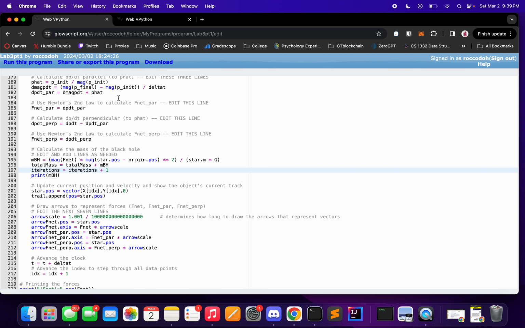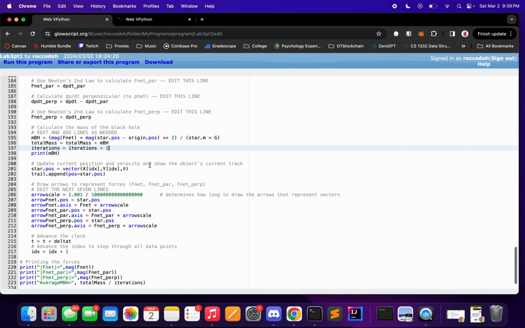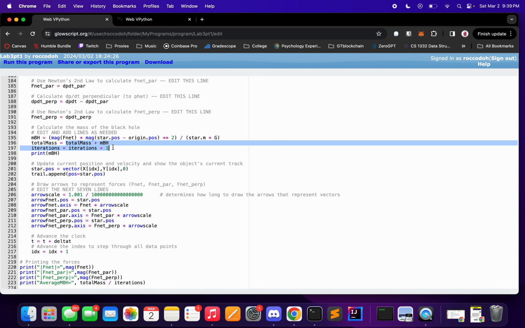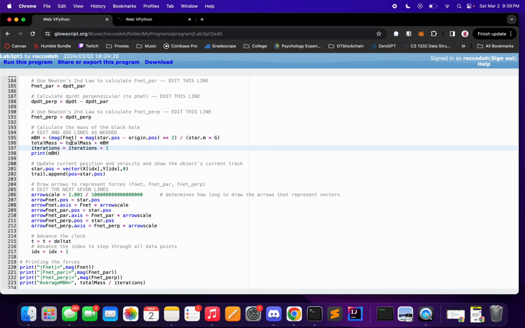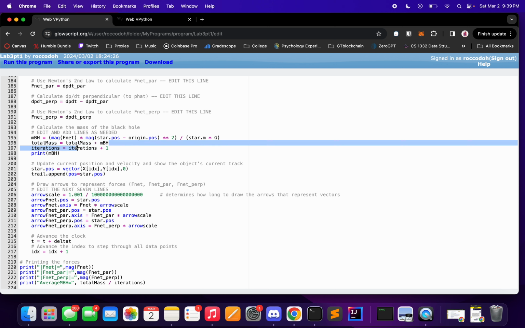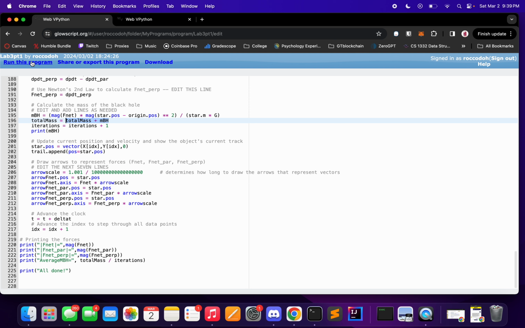We're using V initial as the V final of the last iteration, so there's going to be a little bit of change. So I'm going to be doing the average of all of these values, which I'm just going to be doing by adding up the total mass and then dividing that by the amount of iterations.